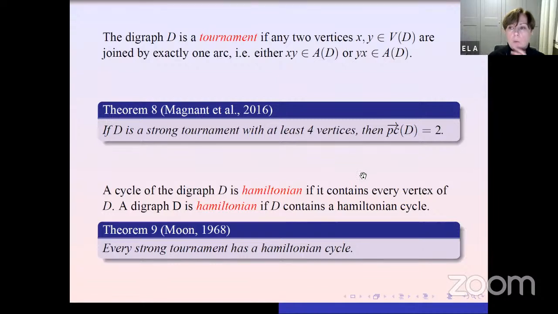Another family with proper connection number equal to 2 are tournaments. A digraph is a tournament if any 2 vertices are joined by exactly 1 arc. This means if we consider the underlying graph of this digraph, then it is a complete graph.